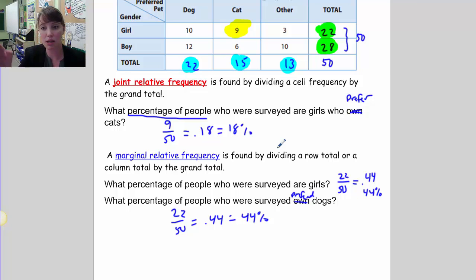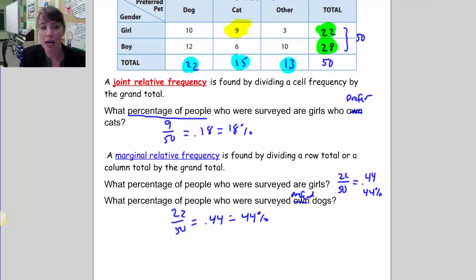So I always think that these are the numbers that I'm taking from either the side or the bottom, whereas the joint, I remember it like a joint, like an elbow joint, right? Where my elbow is the intersection of this part of my arm and this part of my arm. So a joint is just one single cell, which is the intersection of both a row and a column over the total. That's how I can remember it.